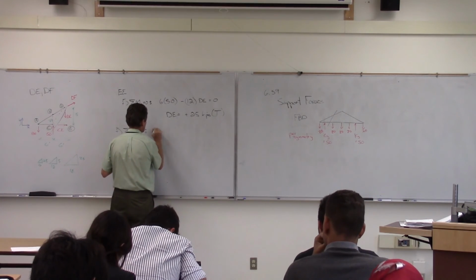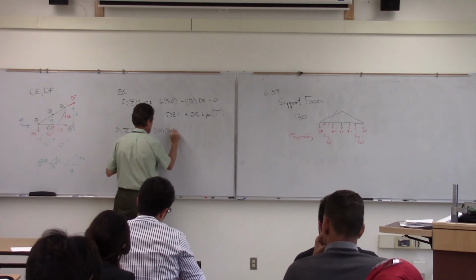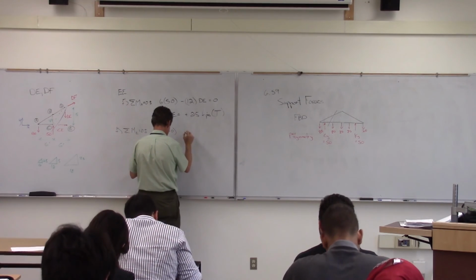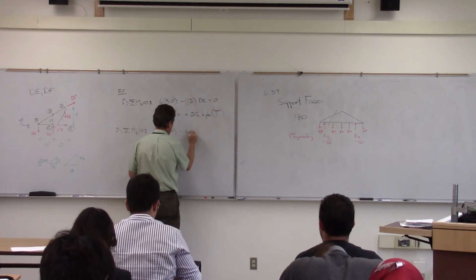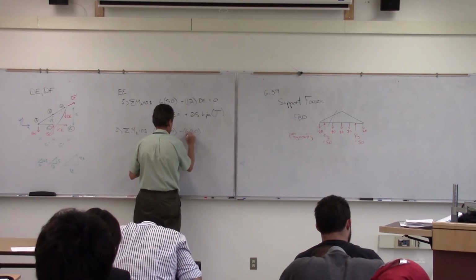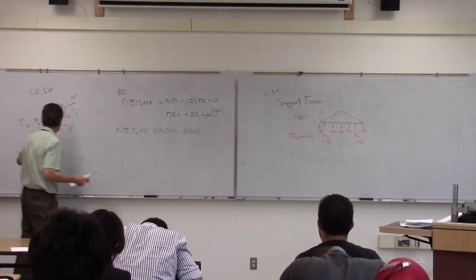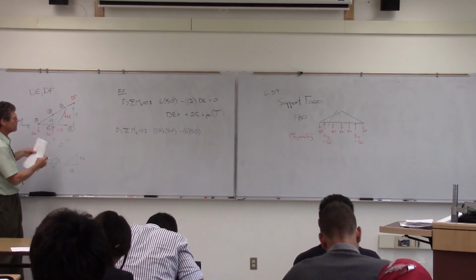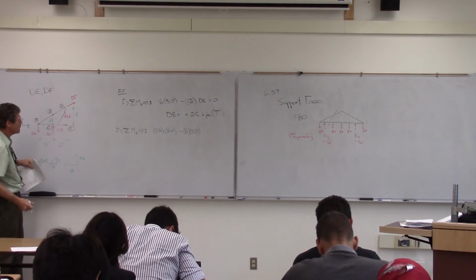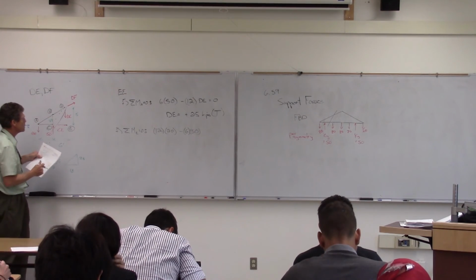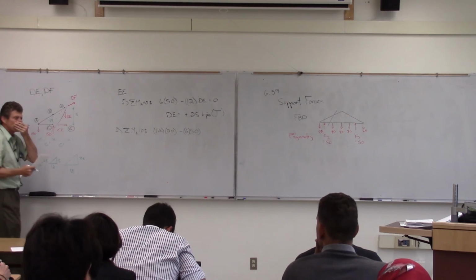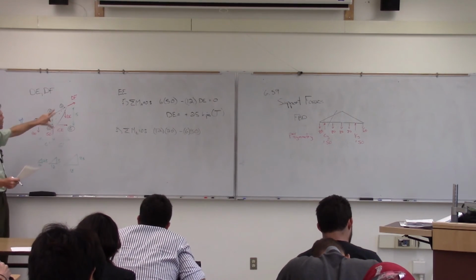So 12 feet away, I've got a 20 twisting me in the positive sense there. The 50 is 6 away, twisting me in the opposite sense there. Now the question comes with the DF, and this is the good point I wanted to bring up.